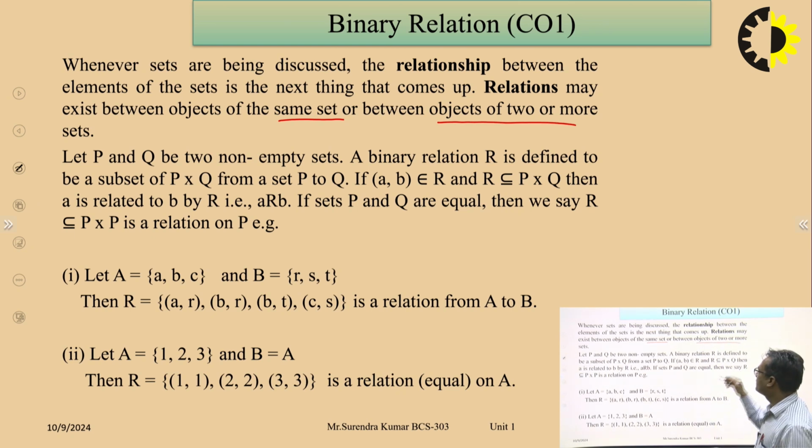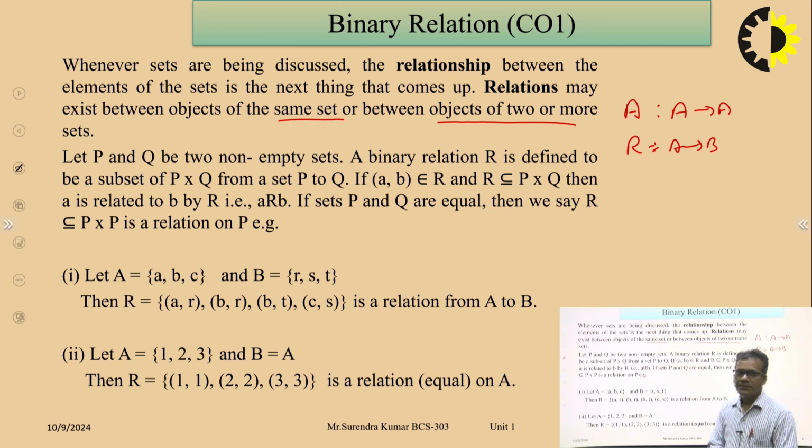So for example, if we have a set A, we can define a relation on the same set A to A, or if we have two sets A and B, then we can define a relation like A relation B.